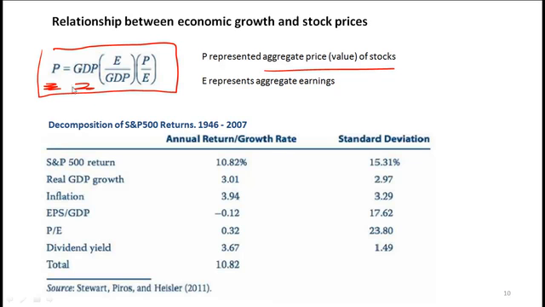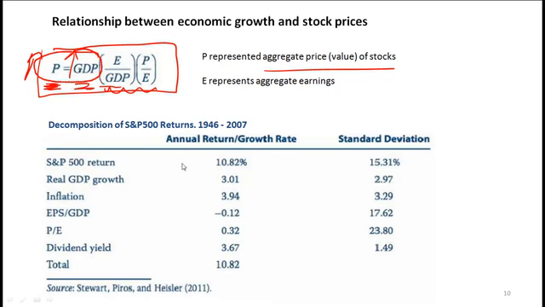So the point that we made on the last slide, and one that I'll emphasize over here, is that in the long run the price level of equities will move up the same way that GDP is going up. And these two items, the earnings per GDP and PE, might fluctuate, but in the long run their effect will be effectively one. So in percentage terms, these items are not going to create too much of a difference. The core long-term relationship is between the growth in GDP and the price level of equity. So this is the key part.